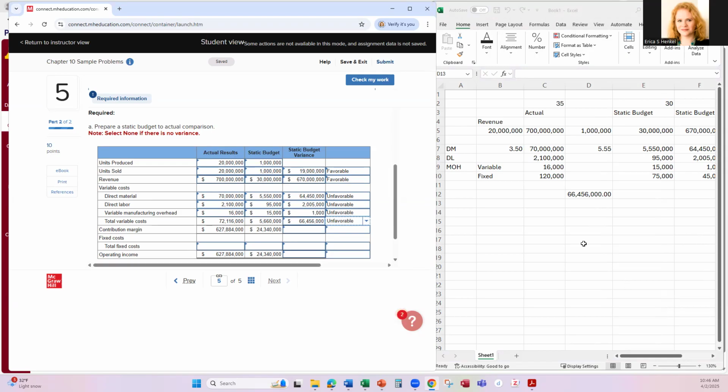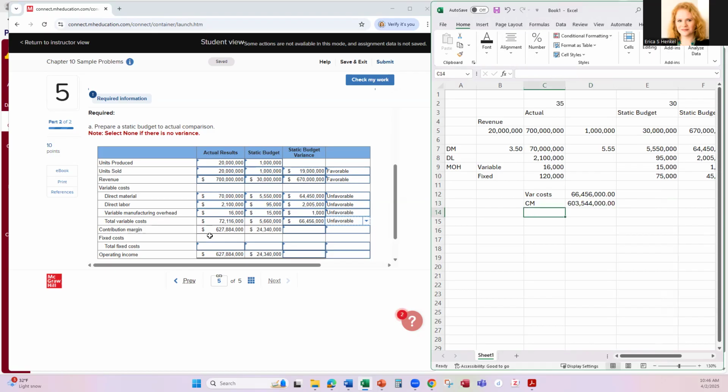And then our contribution margin, we ended up with 603,544,000 in terms of increased contribution margin.